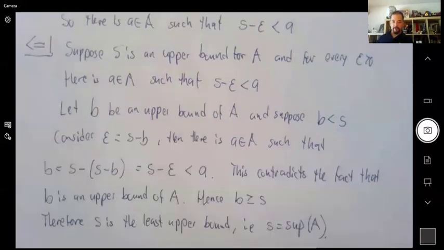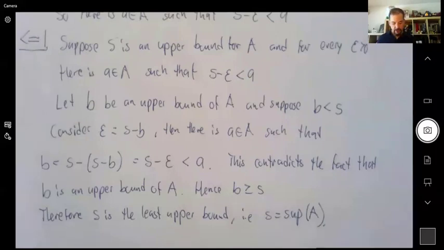All right, and that finishes up the proof of the lemma, the two sides. Good, and we'll come back and use this lemma to show how some specific sets that we've considered before, why their infimum or the supremum is what it should be. So there's of course an equivalent version of this lemma with infimum.